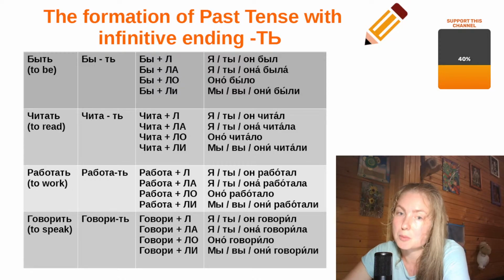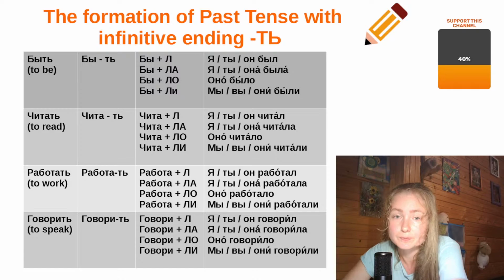For neuter работало. And for plural работали. So like examples. Я работал, ты работал, он работал. Я работала, ты работала, она работала. Оно работало, мы работали, вы работали, они работали.